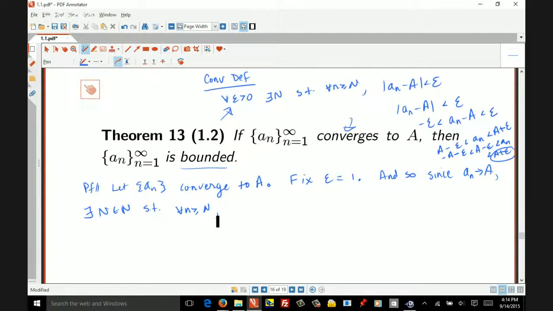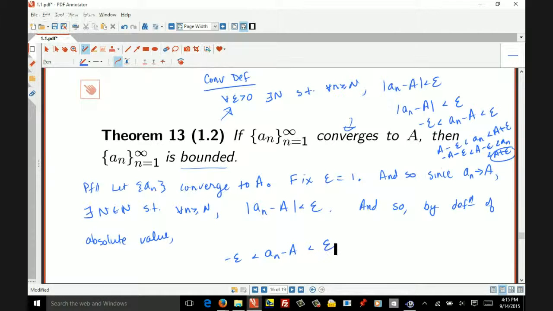Okay, so fix epsilon equal to 1. And by the definition of convergence, I know that for all n greater than capital N, |a_n - a| is less than epsilon. By definition of absolute value, I am going to have minus epsilon is less than a_n minus a is less than epsilon.